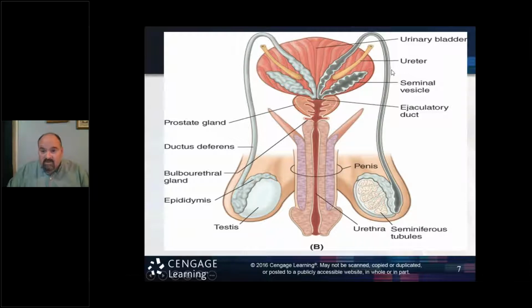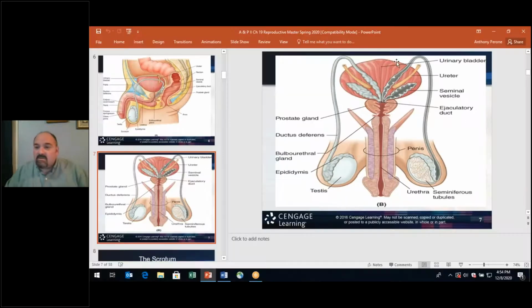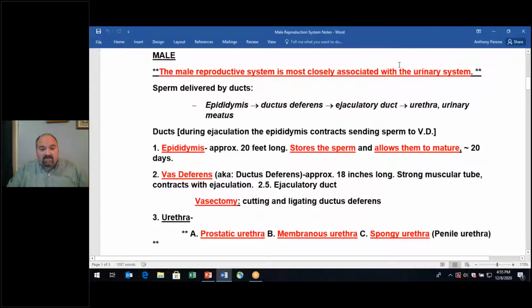Okay, very good. So let's exit here and come back to the notes. So again, it's a matter of ducts or tubes. So think of it, a duct is a tube. It's going to transport something. Okay, so during ejaculation, the epididymis will contract, sending the sperm to the vas deferens.